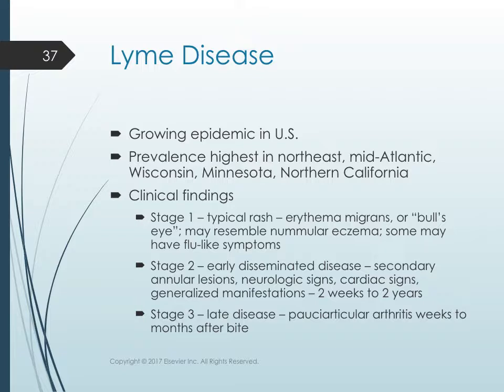It can also present with joint inflammation, and I've seen children present with that as their only sign. They never had the EM rash, or it was never noticed, and they develop a painful, swollen knee joint or other joint. And so you would do the Lyme testing in that case because it isn't the classic EM rash.